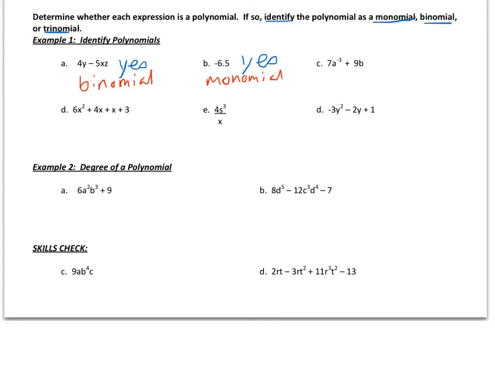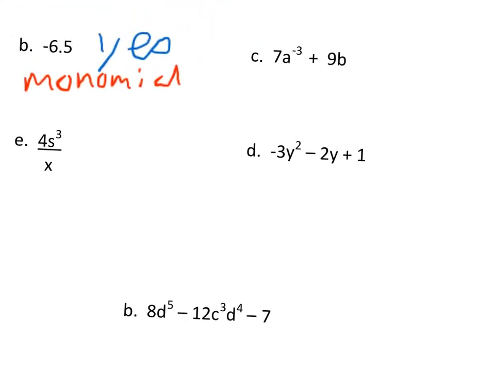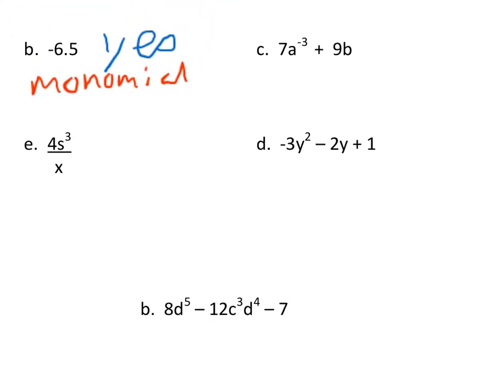The next one, we have what looks like a binomial. There's two terms. But if we look more closely at it, this power of 3, as discussed, tells you that it's in the wrong position. And this is over 1. So this actually is 7 over a to the third power.